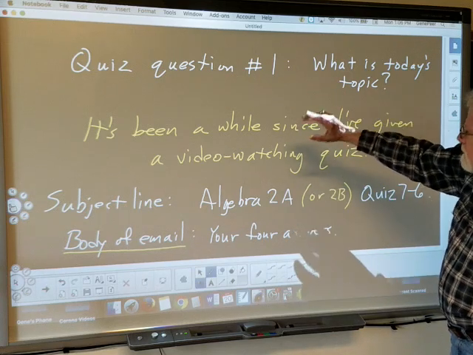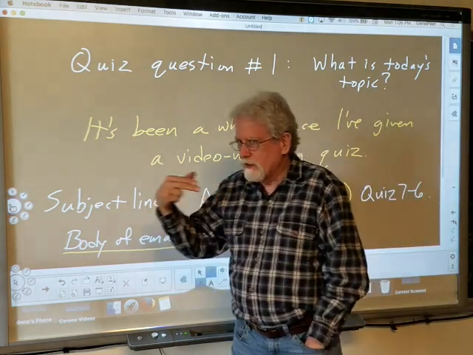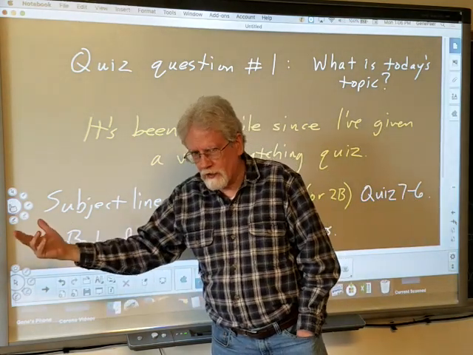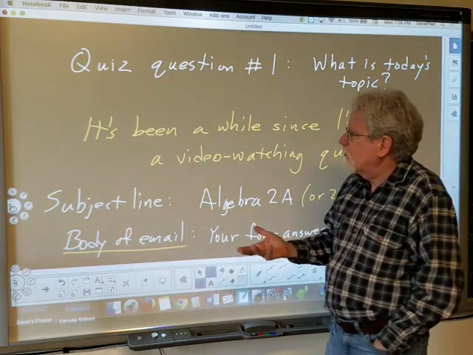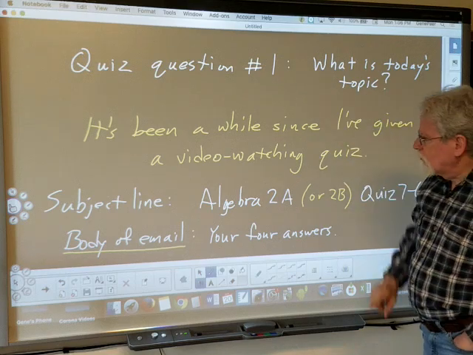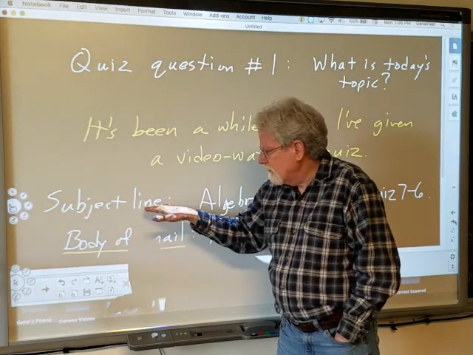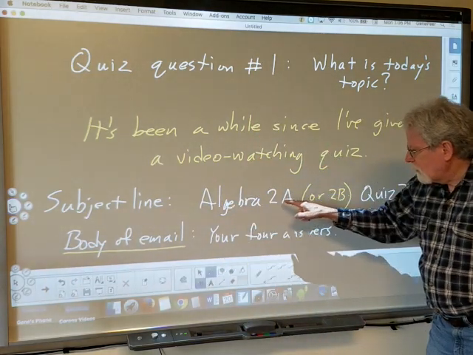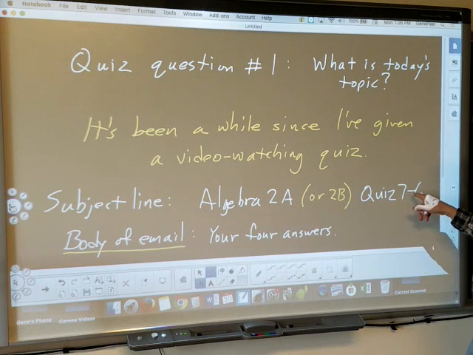Quiz question number 1. What is today's topic? You might need to rewind a little ways to see the previous screen, if you have already forgotten what I said 60 seconds ago. But today's topic, what is it? That's quiz question number 1. Please remember the format for this. In your subject line, put Algebra 2A or 2B, and then the word quiz 7-6.